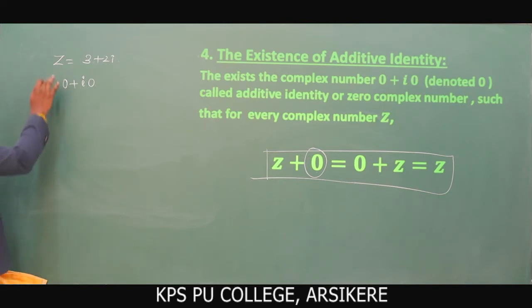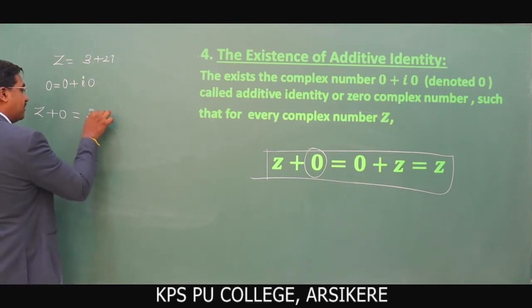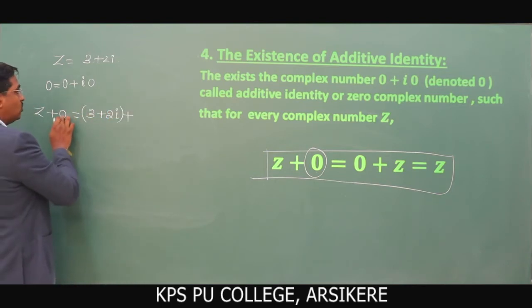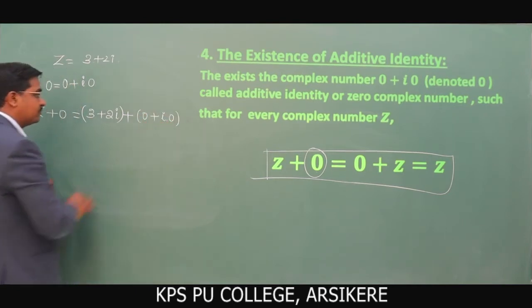I will take this as 0 is equal to 0 plus i into 0. And I will add z plus 0. What is z here? z is 3 plus 2i plus, what about 0? 0 plus i into 0.